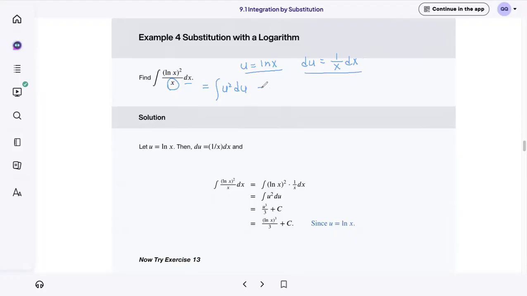Then we can use the power rule, so we get u raised to 3 divided by 3 plus c. Well, u is ln x, so that's ln x raised to 3 divided by 3 plus c. You see ln x, you know the derivative of ln x is 1 over x. That gives you a hint.